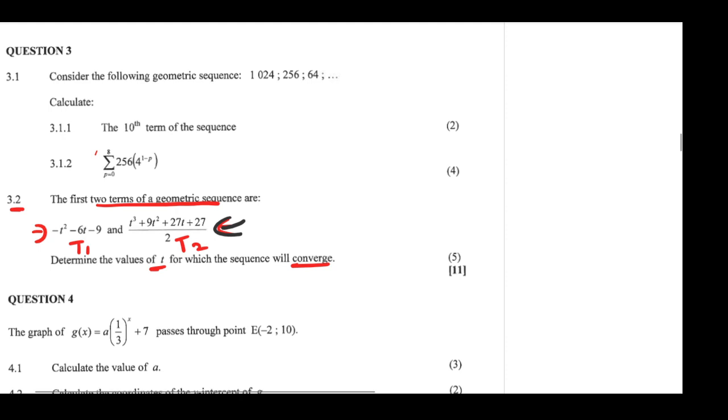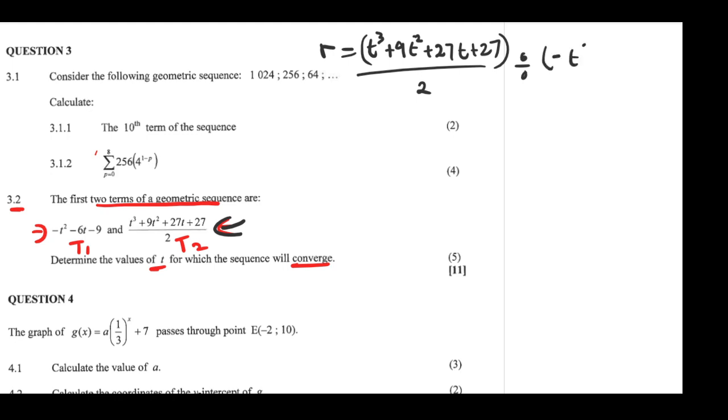So r is equal to term number 2, which is t to the power of 3 plus 9t to the power of 2 plus 27t plus 27, over 2. And it's divided by what? Let me put brackets here. It's divided by term number 1, which is minus t to the power of 2 minus 6t minus 9, right?